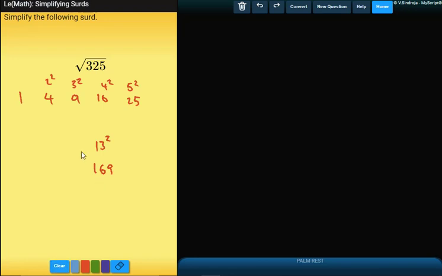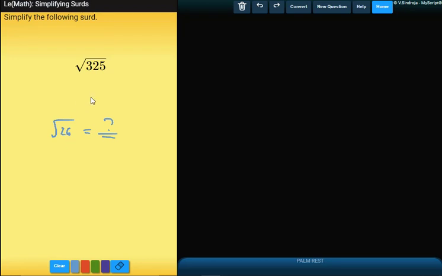The reason why square numbers are really useful in surds is because if you square root one of these, you get a nice whole number. So for example, root 16 is 4. Root 25 is 5. However, root 26 is not going to be a nice integer answer. Only square numbers square root to nice whole numbers.